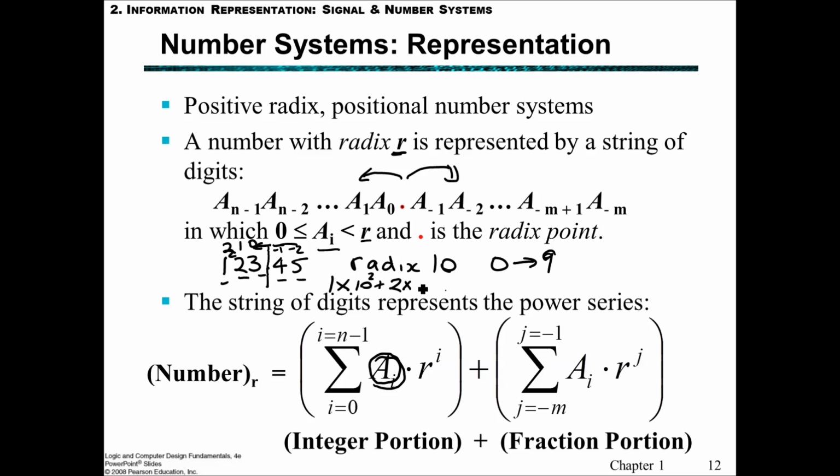So 2 times 10 to the 1 plus 3 times 10 to the 0, because this is the 0th value. And then for the decimal part, which is the plus this, we go from -m, so from the -2, and this should be j, so the -2 is 5 times 10 to the -2 plus 4 times 10 to the -1.